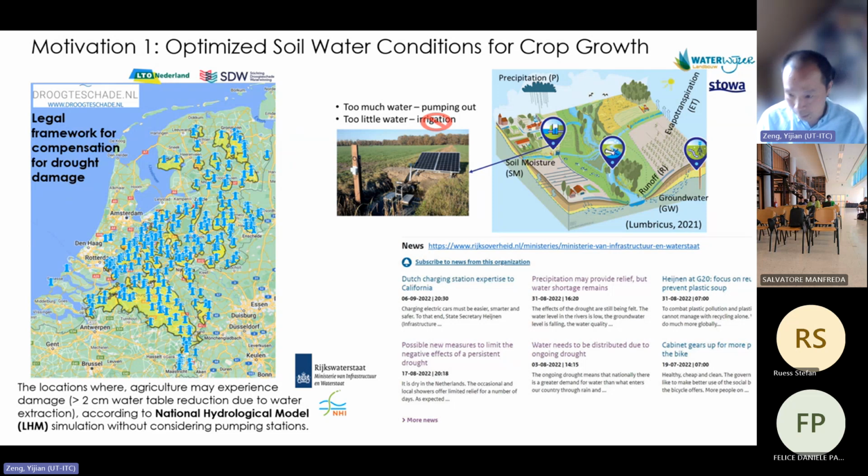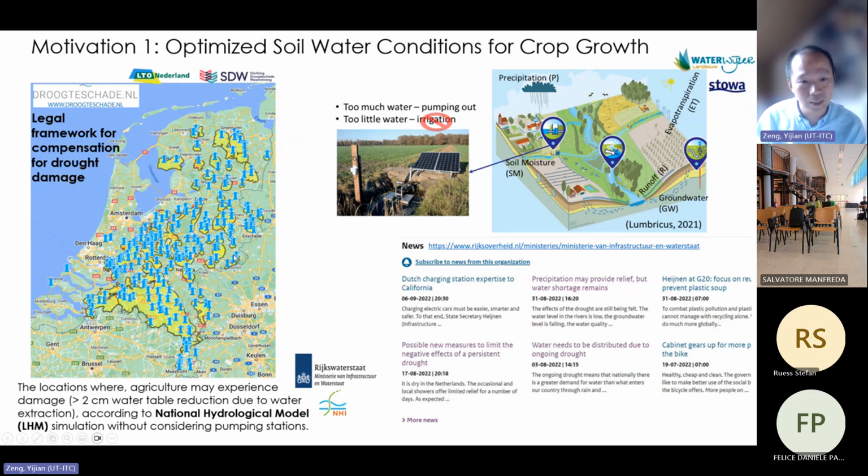Then they can ask farmers in that region, do you want to apply for this compensation for drought damage? You may ask how much it will cost. It is 30 million euros per year for the drinking water company to pay for the farmers.